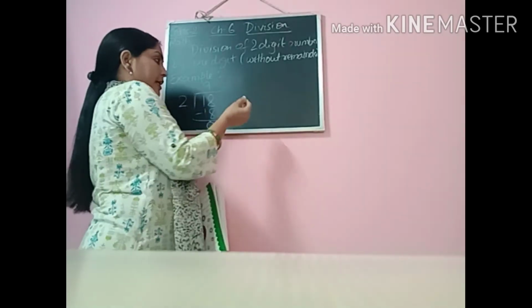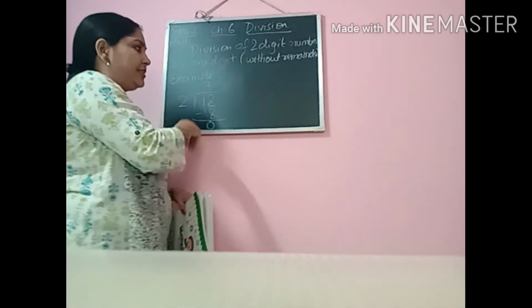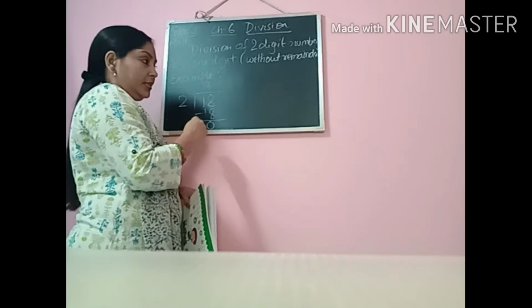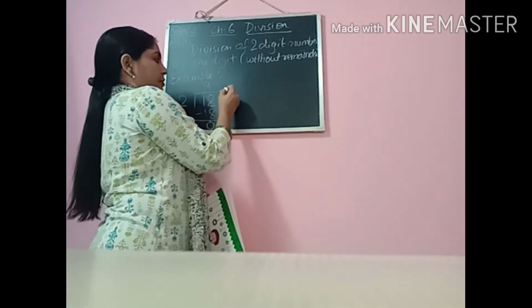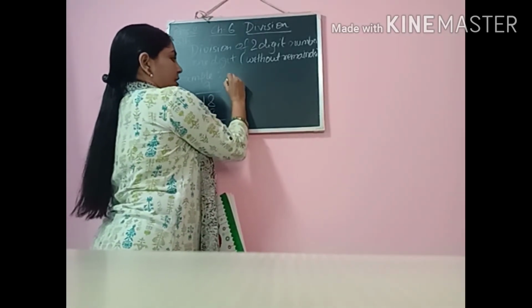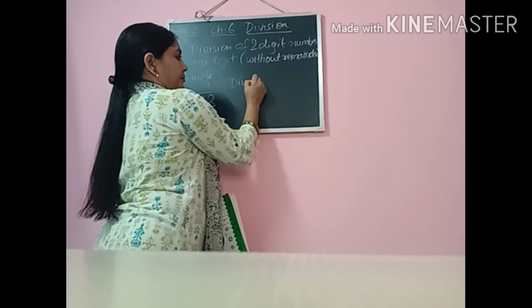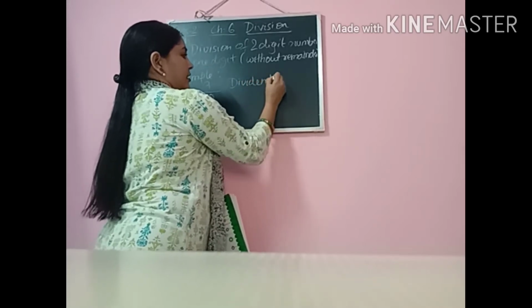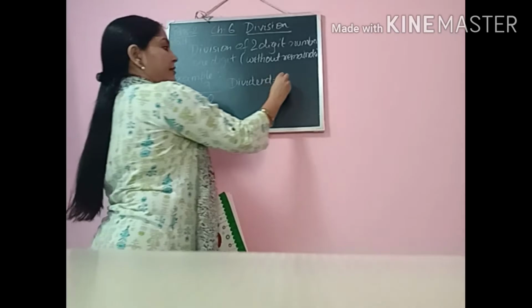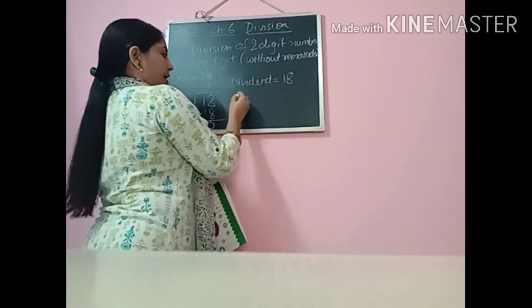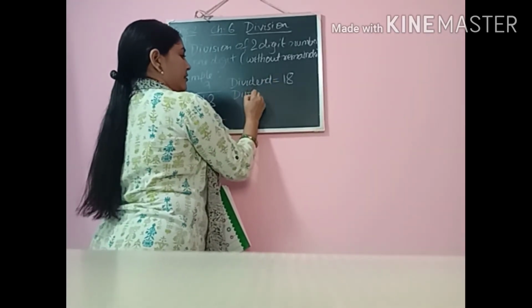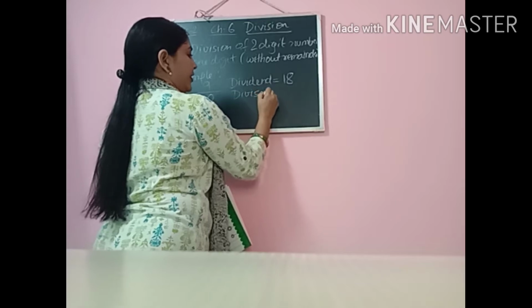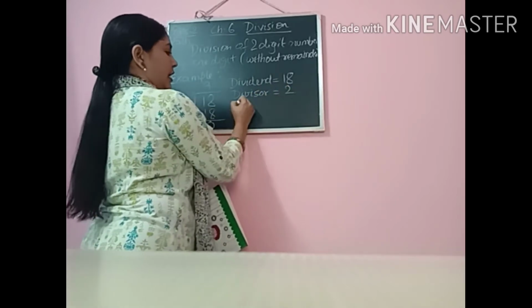Now let's write the components, the parts of this division. First we will write what is the dividend. In this case, dividend is 18. Divisor. What is the divisor over here? It is 2.